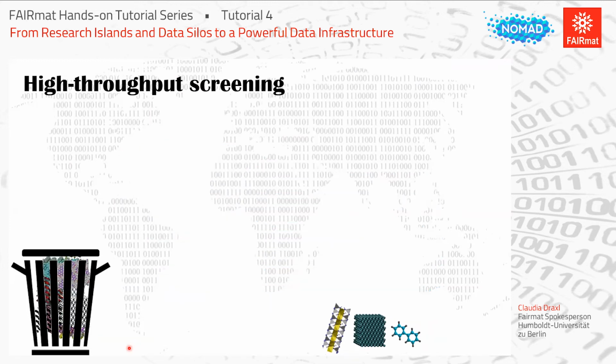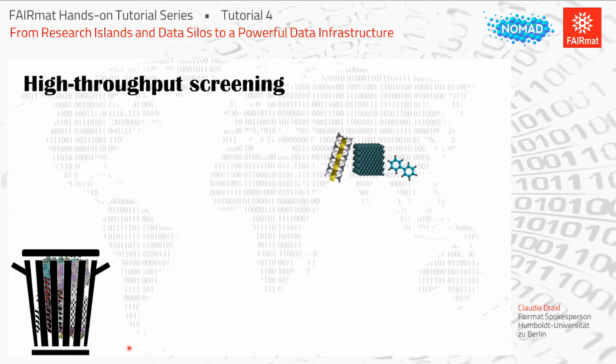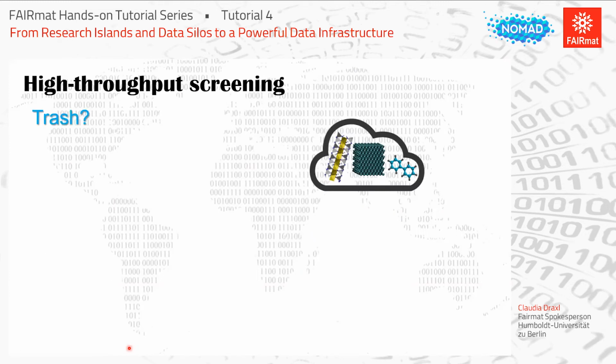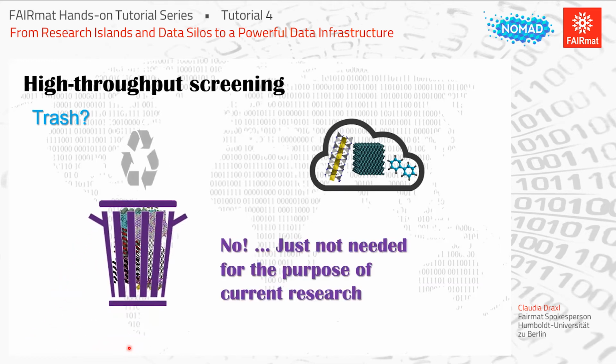The 3 basically go to heaven, the others go to hell. Of course, it's needless to ask the question whether it's trash. It's not, because all these calculations we have performed are probably very valid, not for the purpose we have been looking at them, but for a different purpose.